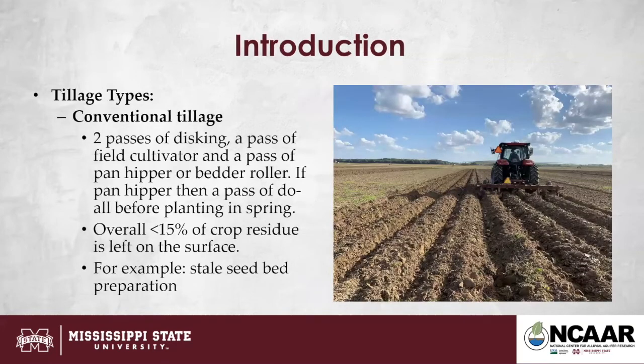So to begin with the introduction, in Mississippi Delta, we have a conventional tillage system, and just to explain what the conventional tillage system looks like in Mississippi Delta, we have two passes of disking, a pass of a field cultivator, and a pass of a paraplow or a bed roller.